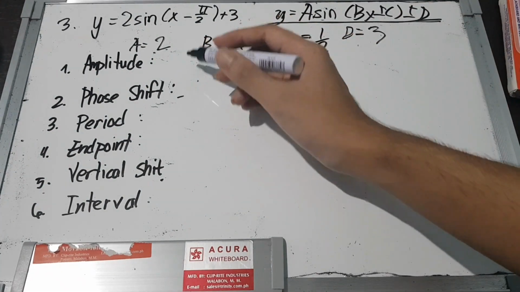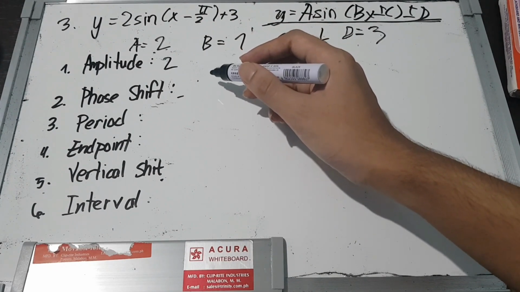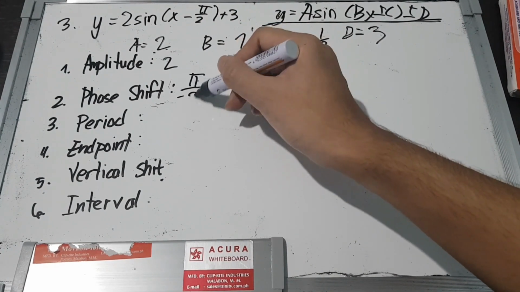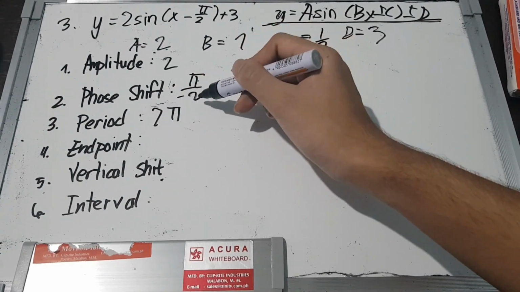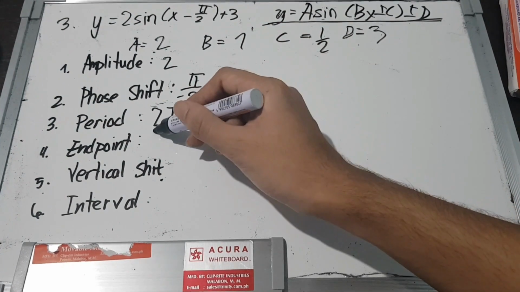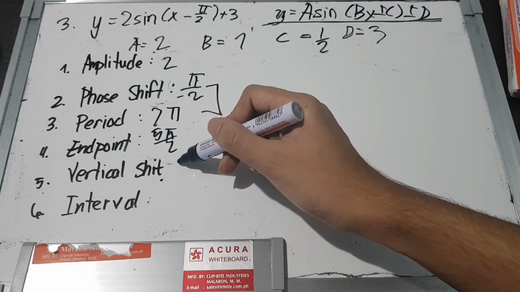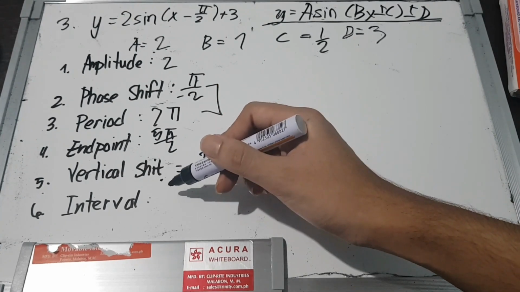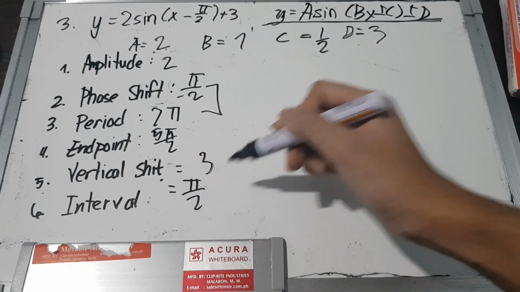For our amplitude, it will be absolute value of A, which would be 2, our phase shift, which will be pi over 2, our period, which will be 2 pi, and our endpoint, add both of this, which will be 5 pi over 2. Our vertical shift would be 3, and our interval would be pi over 2.